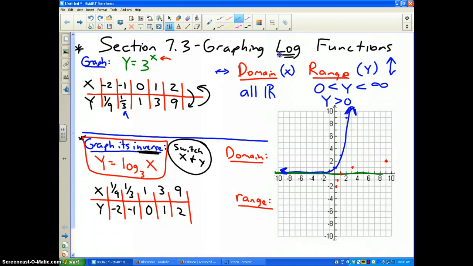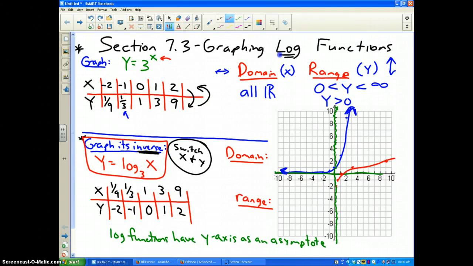Now, log functions have the y-axis as an asymptote. So therefore, my red graph will not cross this green line that I'm drawing right there. As you can see, as best I can draw it on this smart board, the log function's graph looks like that.